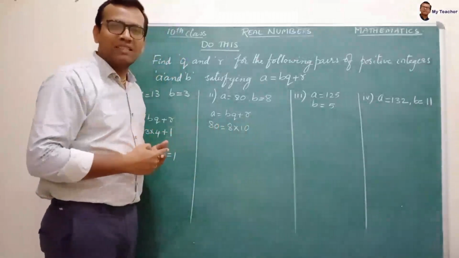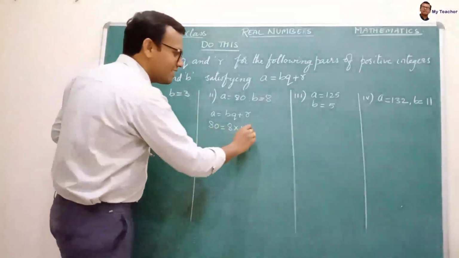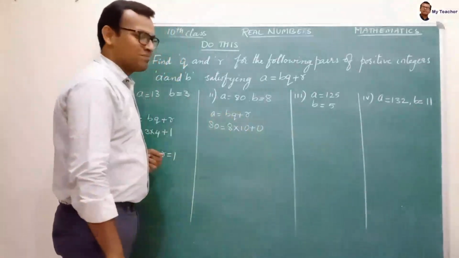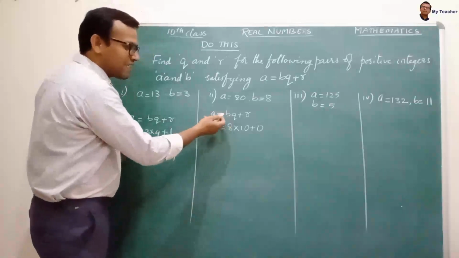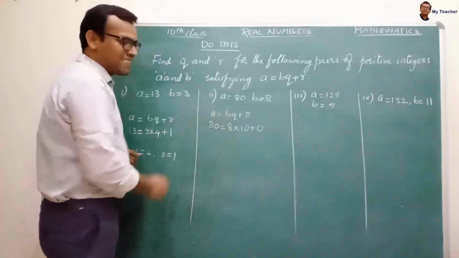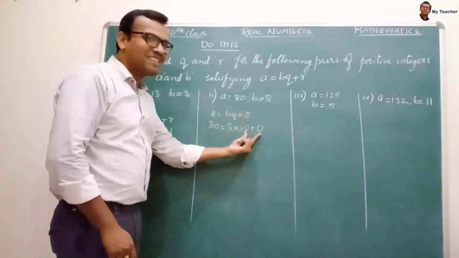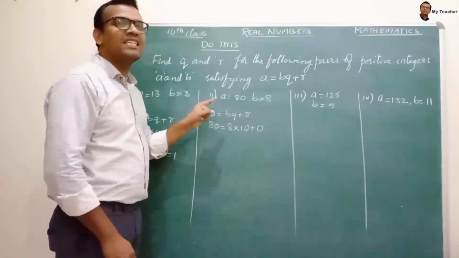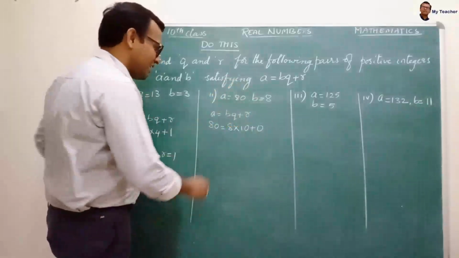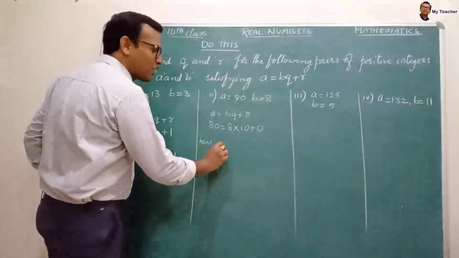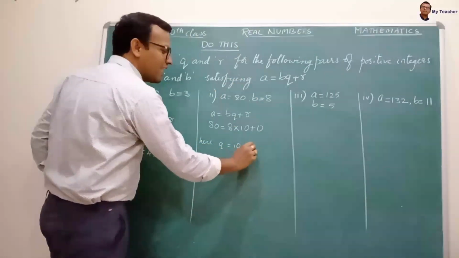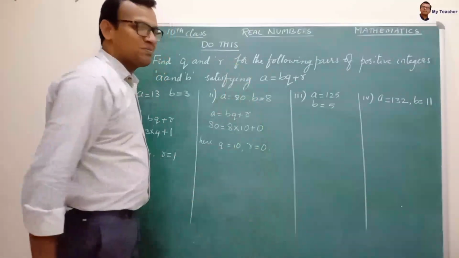So what is the remainder? Nothing. It is 0. So plus 0. Now for any 2 integers A and B, means 80 and 8, we have found 2 more integers Q and R, means 10 and 0, which satisfy the relation A is equal to BQ plus R. Here Q is 10 and R is 0.